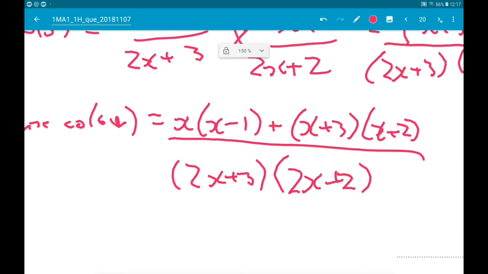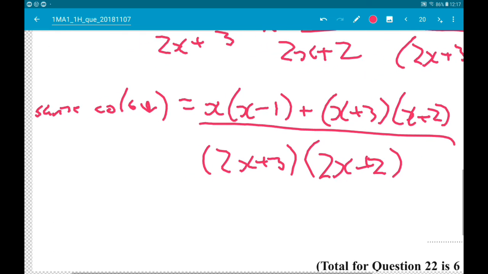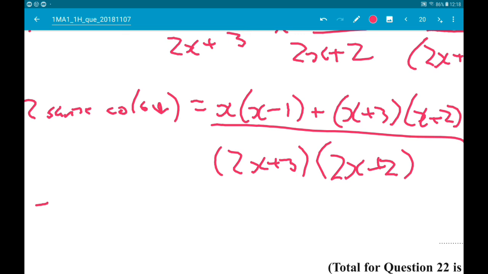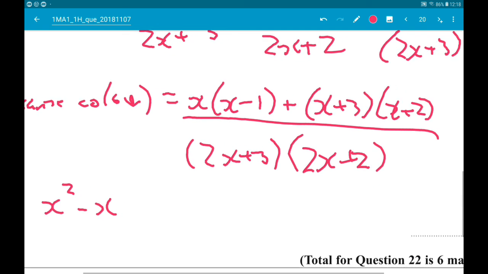So, yeah. Okay, let's expand the top. So we're going to get x squared minus x. And then we're going to get x squared add 5x add 6.